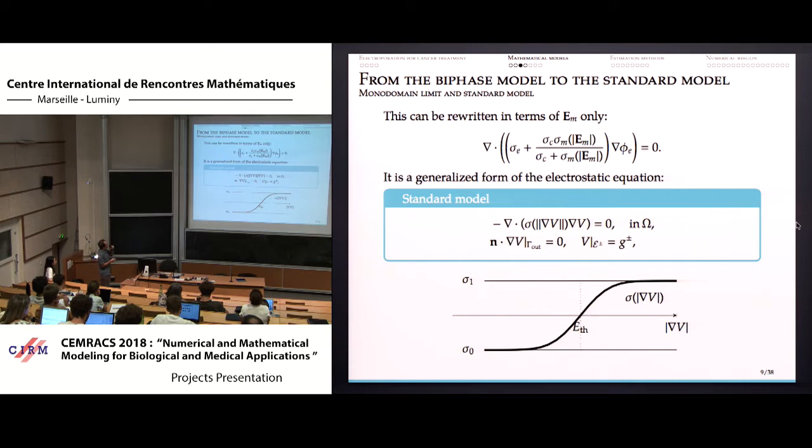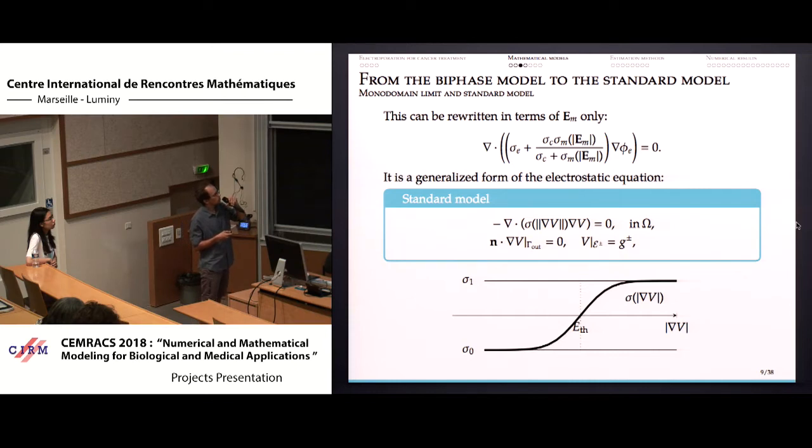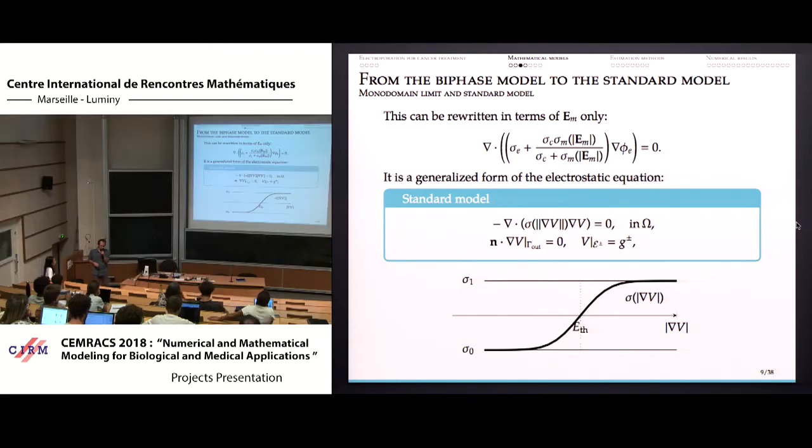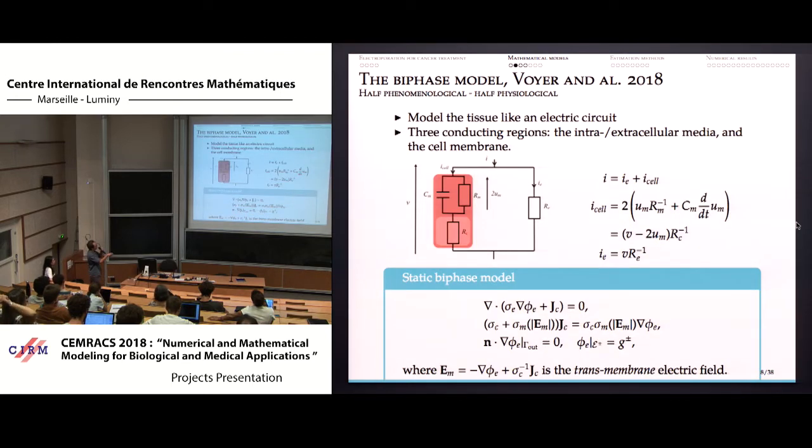So in the end we get an equation like this with the boundary conditions which I talked about before. This is the first model we worked on, which we call the standard model. Here, maybe the nonlinearity is meaner because it hits directly on the high order terms, whereas previously it was not the case.